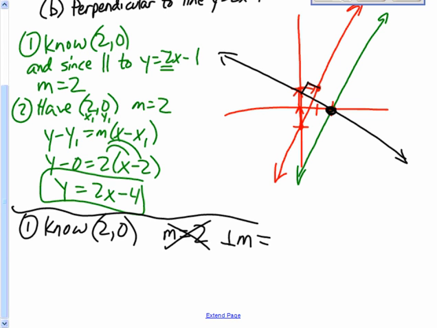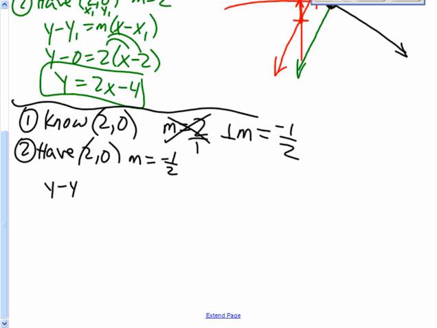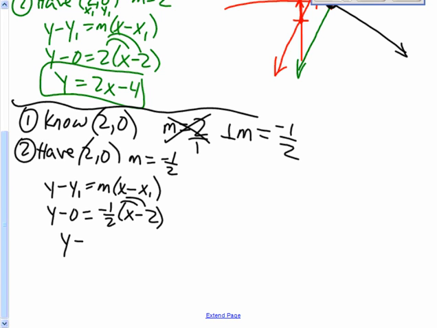So the slope was 2 for the red line, I flip it over and change the sign. Now we have a point and a slope, so use the old point-slope formula. Plug this stuff in. Okay, distribute that.